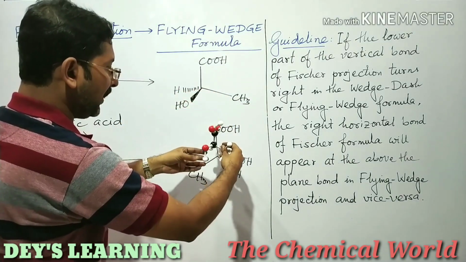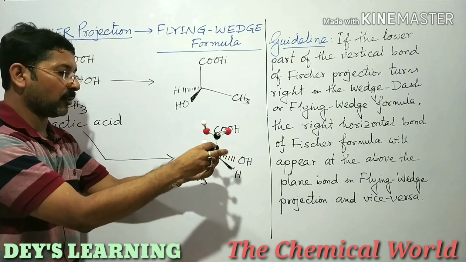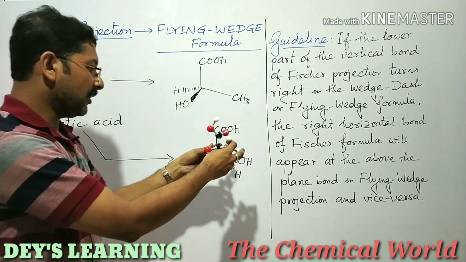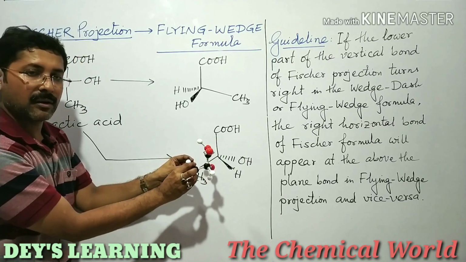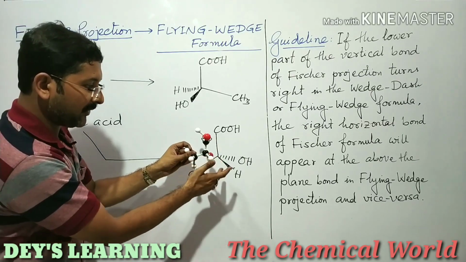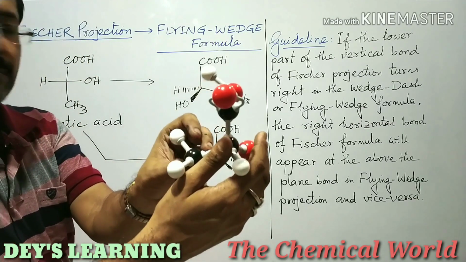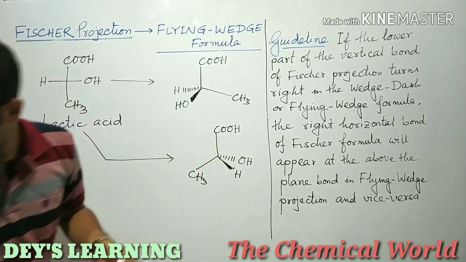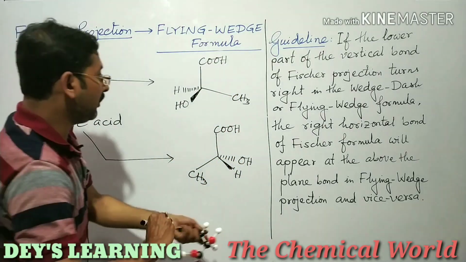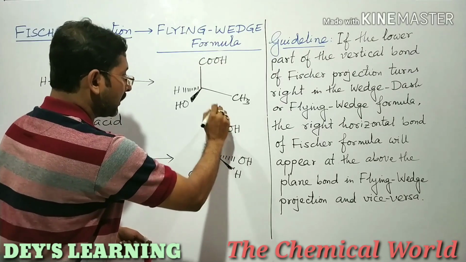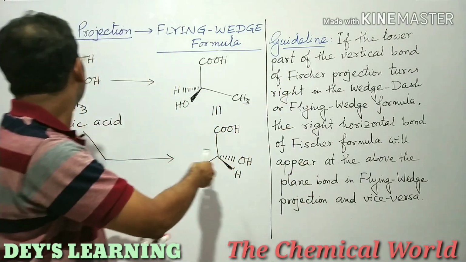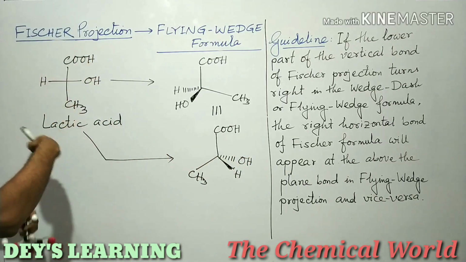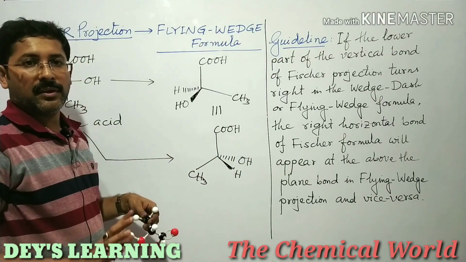And if we rotate this molecule, or visualize this molecule from this angle, you will find this one. Again, now hydrogen at the top and OH at the bottom. Definitely, these two molecules are identical. Just following this guideline, we can convert any type of Fischer projection formula into the Flying-Wedge formula. Thanks.